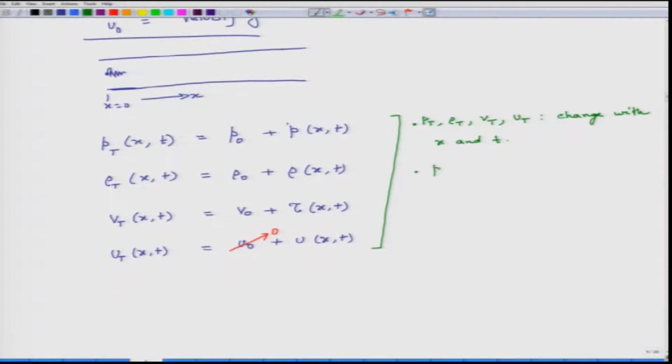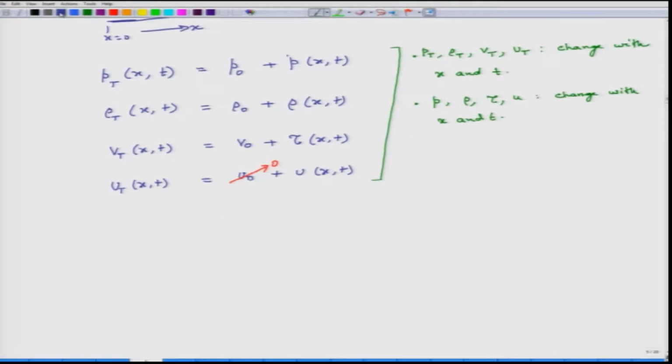Similarly, p, rho, tau and u also change with x and time. But P naught, rho naught, V naught are constant, they do not change with x and time, because those are the initial conditions for the system.